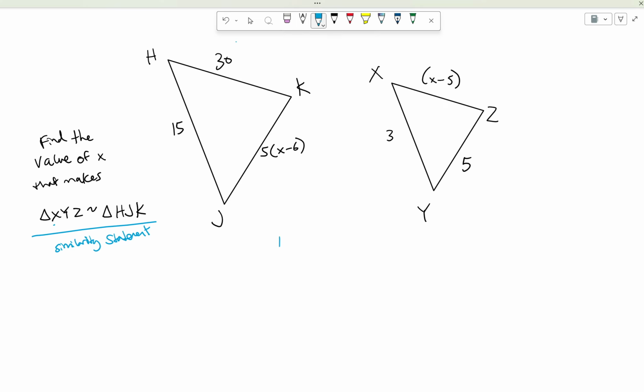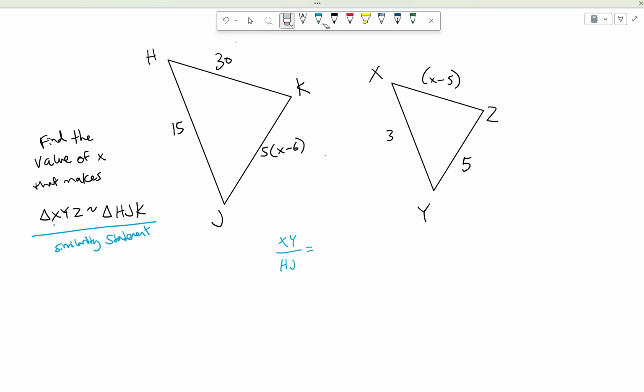So we had XY, first and second, HJ first and second, okay? And then let's take a look here. We have JK, this guy right here that has a value for X. So 5 JK, which is going to be second and third.